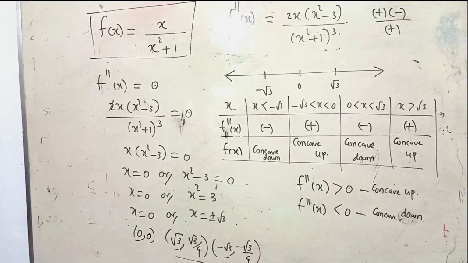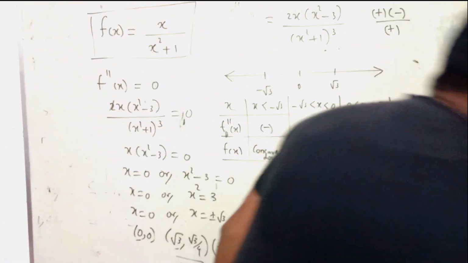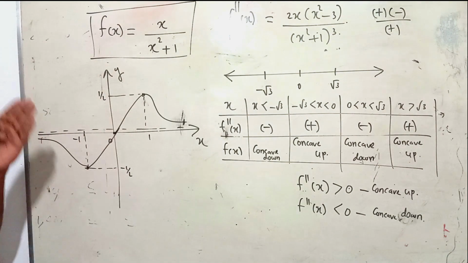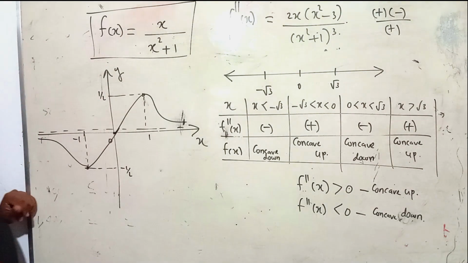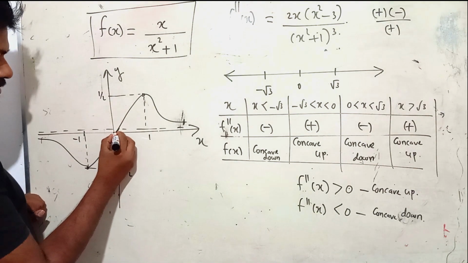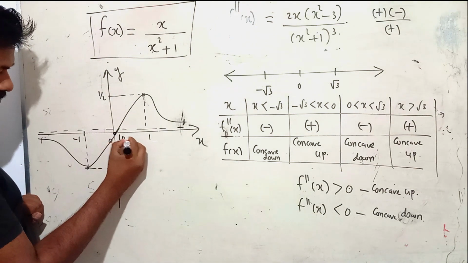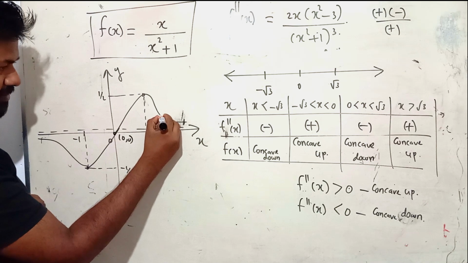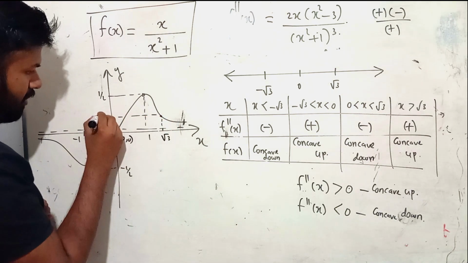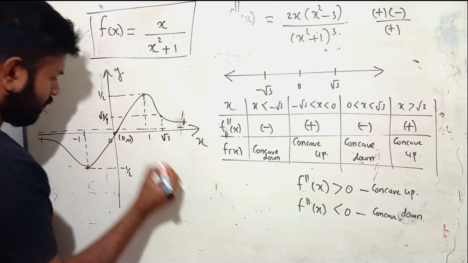Now we'll go back to the graph that we drew previously. Okay guys, this is the graph we got. So where are the inflection points? One of them is the origin that we found, 0, 0. One of them is root 3, comma, root 3 by 4.